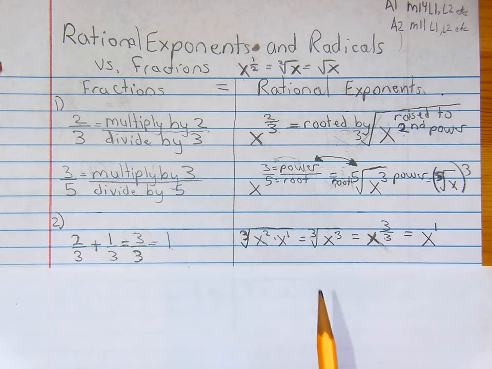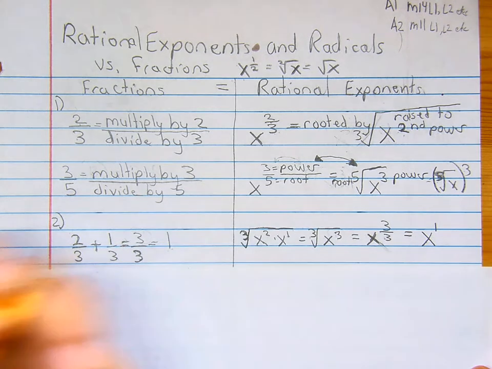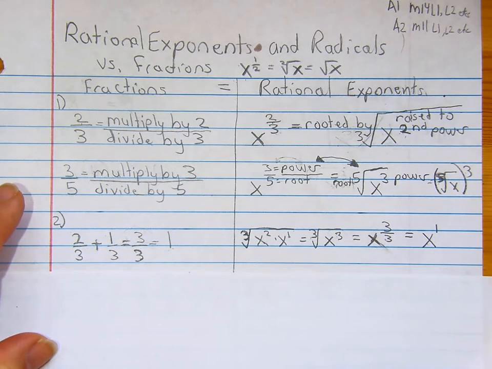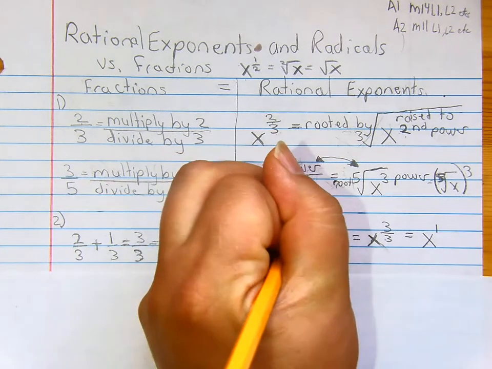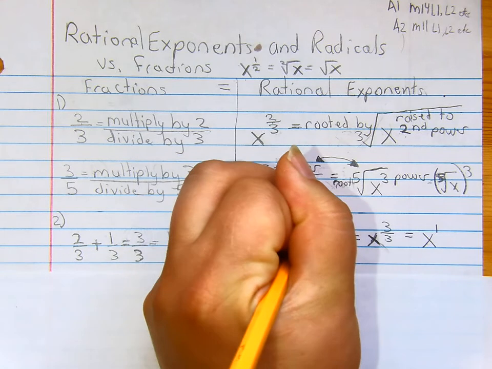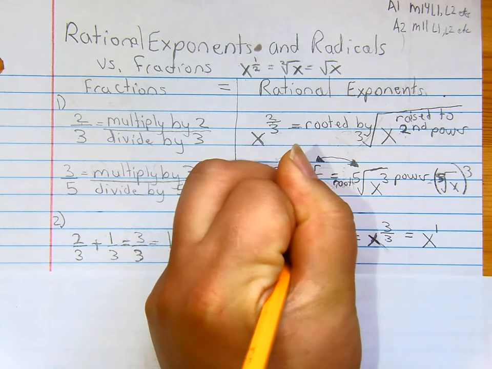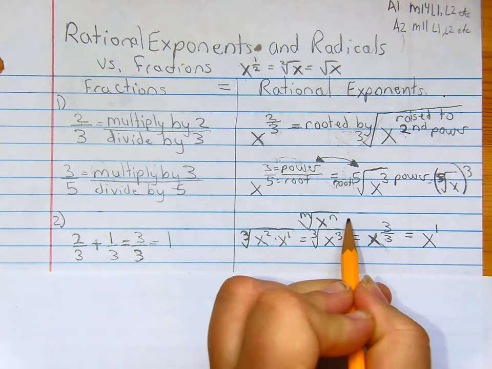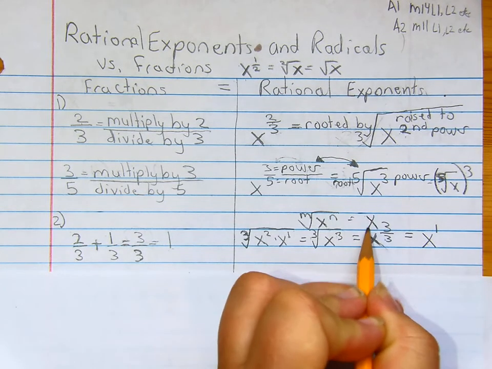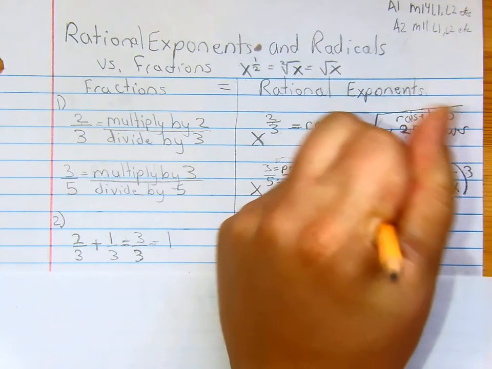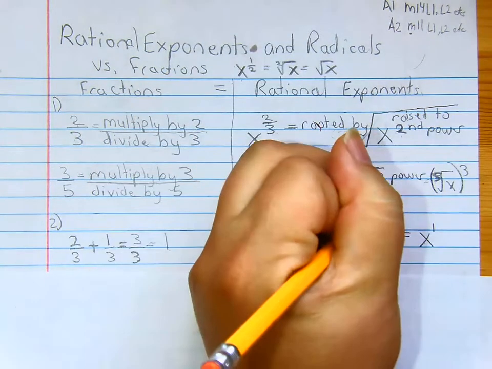So remember, when you have these, your initial rules: if I was to rewrite this, x to the m, then the nth root, can be written as x to the n over m.